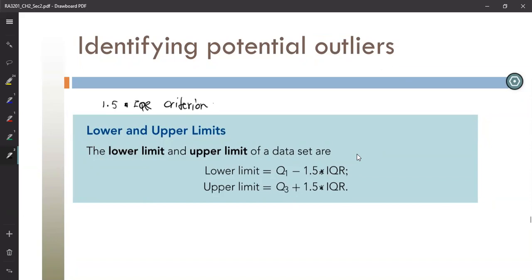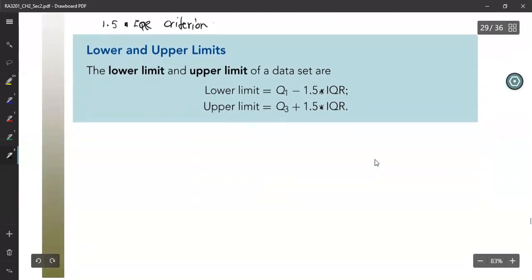That will give you the lower limit for potential outliers. The other one is you take the 1.5 times IQR and add that value to your third quartile. That will give you the upper limit for outliers.